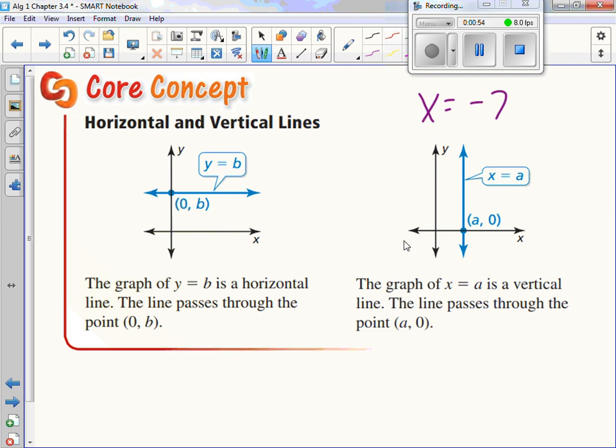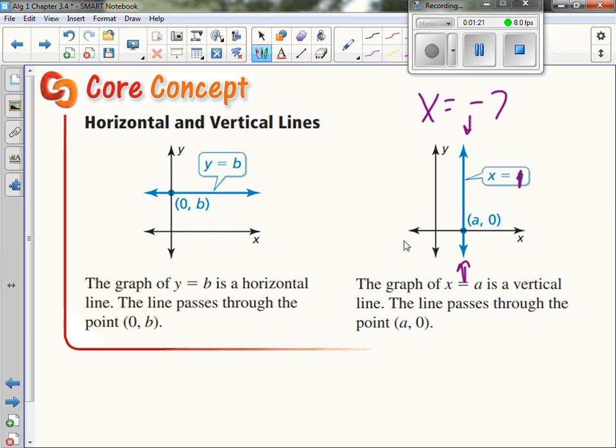It's going to be a line going straight up and down, because all of those values going straight up and down would be the value of x. If a is 1, well, the only places where x is 1 is that line going straight up and down. That's where x is 1, yes?